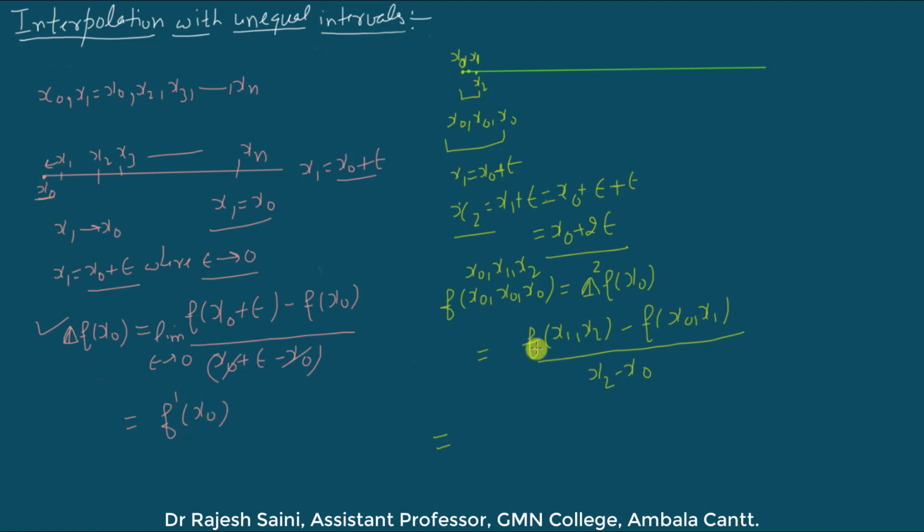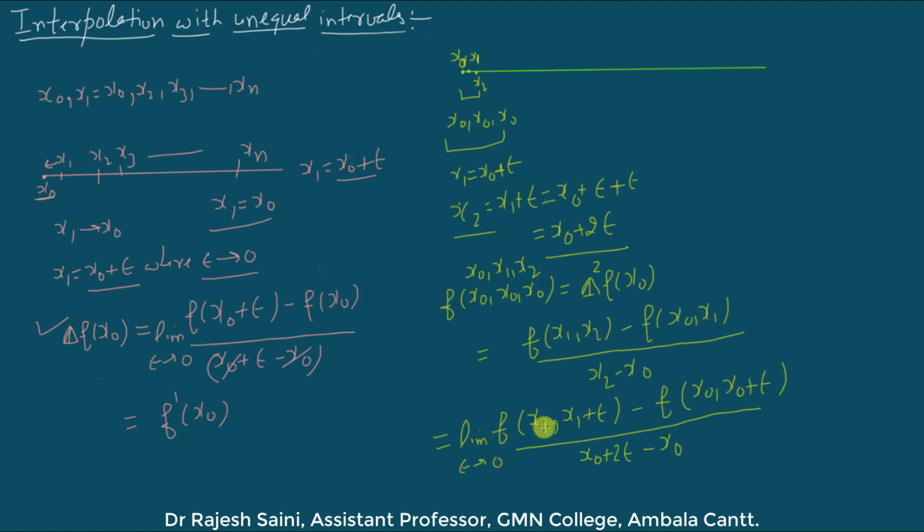So here, if they coincide, I will write f of x1 comma, in place of x2 I will write x1 plus epsilon, minus f of x naught comma x naught plus epsilon, divided by x naught plus 2 epsilon minus x naught, and you can write the limit as epsilon approaches 0.